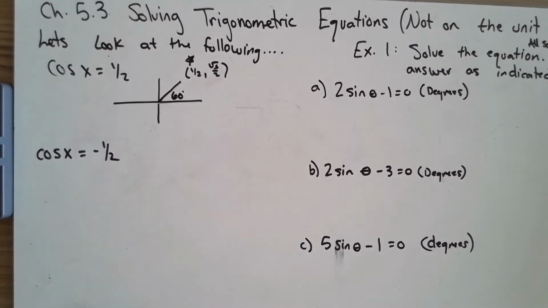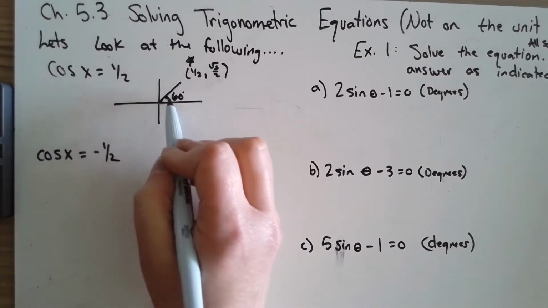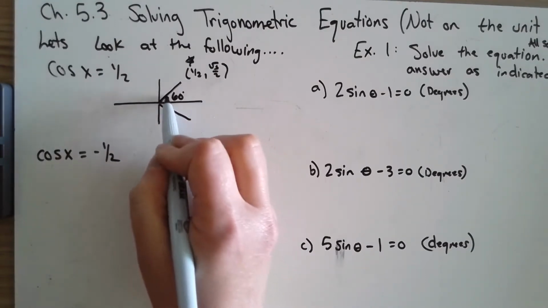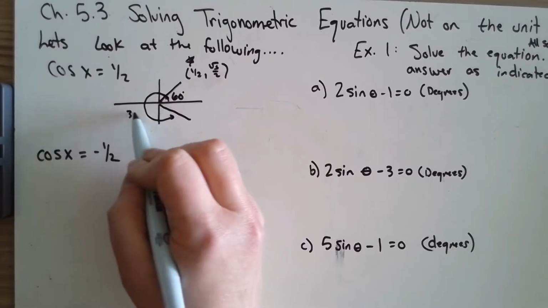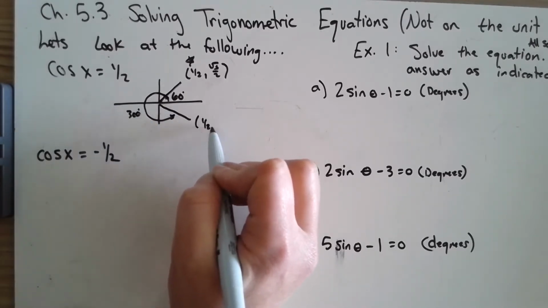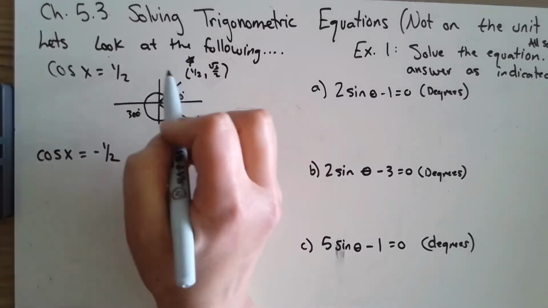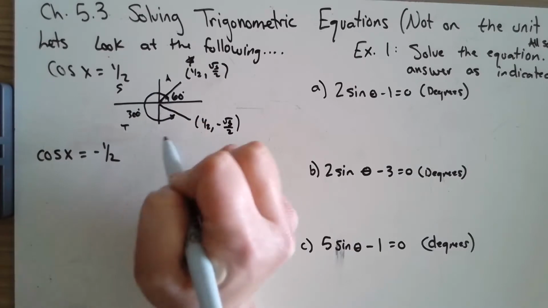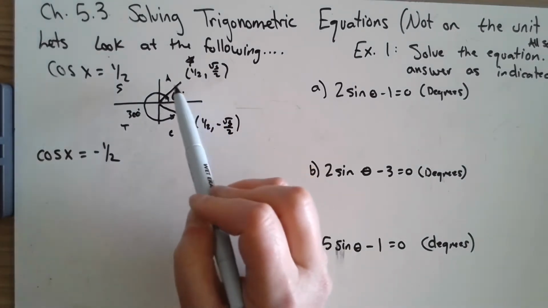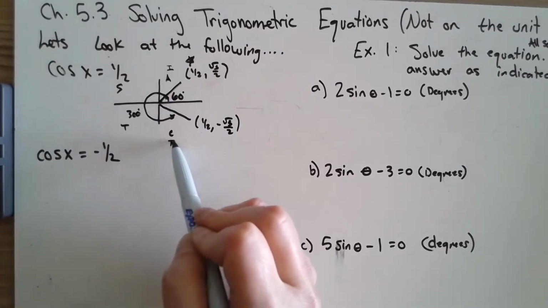Okay, and the other one was at 300 degrees. So we have the 60 degrees, and then we had 300 degrees. That was 1/2 and negative square root 3 over 2. We know All Students Take Calculus, so cosine is going to be positive in quadrant 1 and quadrant 4.